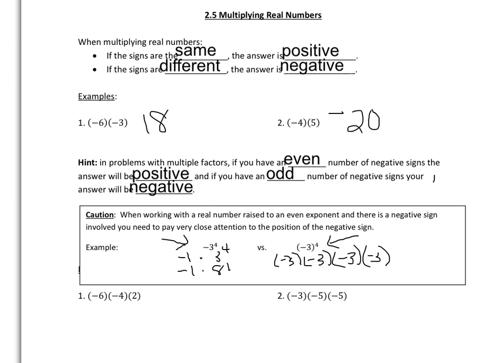So this is going to be a -81. Whereas here, we got 4 negative signs, so this is going to be a positive 81. Okay, so you're going to have to pay really close attention to that. The first one is really like the opposite of 3 to the 4th. This second one is -3 to the 4th. So they're very different. So you got to be careful with that.